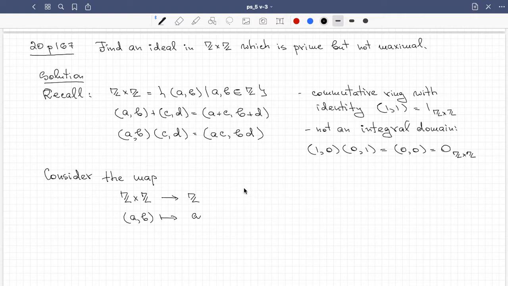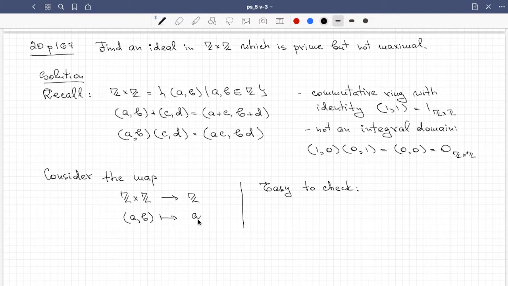It is easy to check. I believe you can do that, especially when I have recalled what the structure of Z cross Z is, so easy to check that this map is a ring homomorphism, and the map is of course surjective.